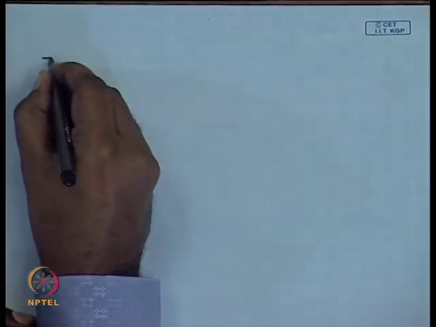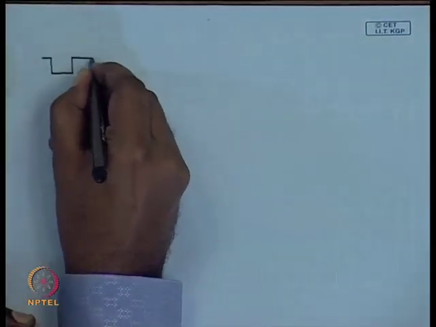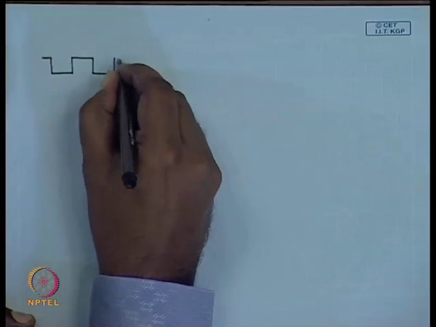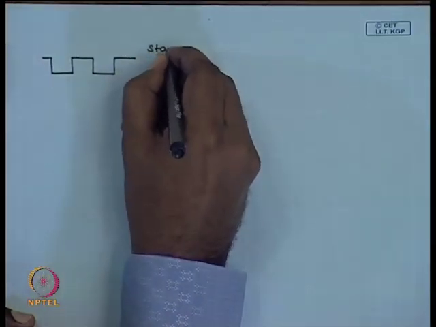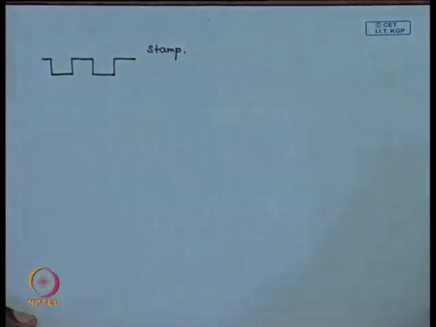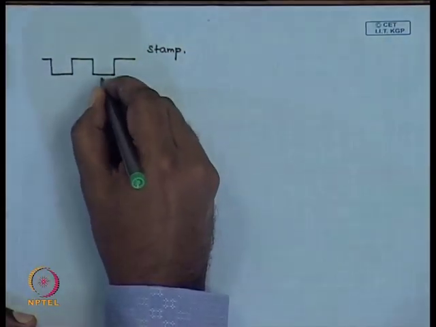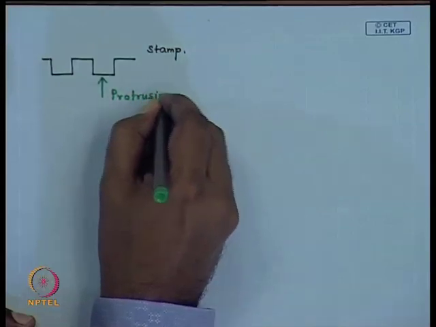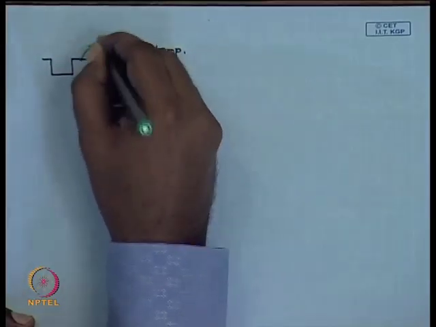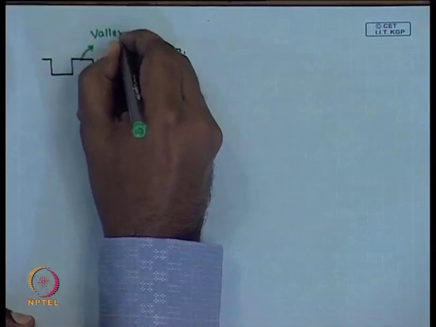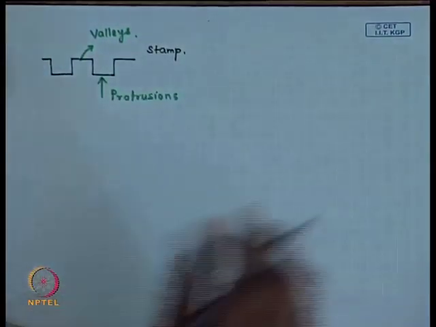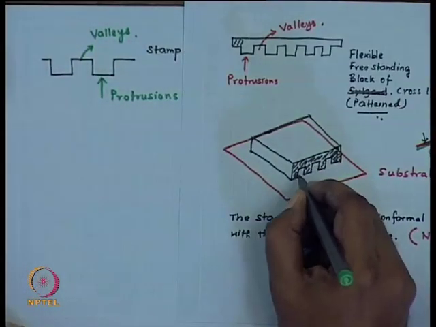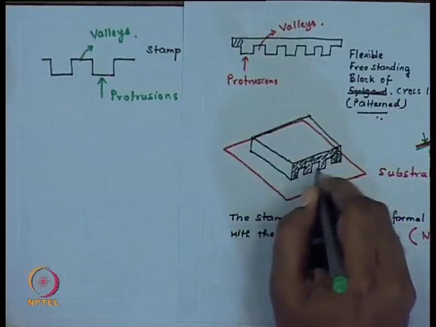Okay. I think I will just redraw it. So, here you have a stamp, you see that these are the protrusions. And these are the valleys. Okay. Now, what you have done? You have brought the stamp in conformal contact with the substrate.